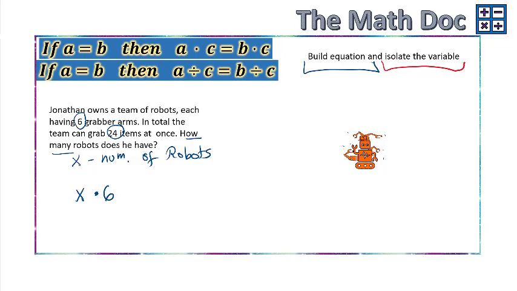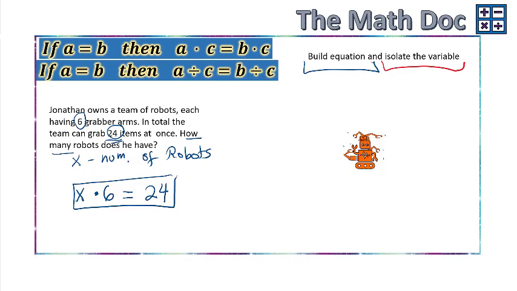Each robot has 6, and we're multiplying the number of robots by the number of arms. In total, we saw that we have 24 arms. So this is our first step. We actually wrote out our word problem as a mathematical expression, as a mathematical sentence with an equality sign.